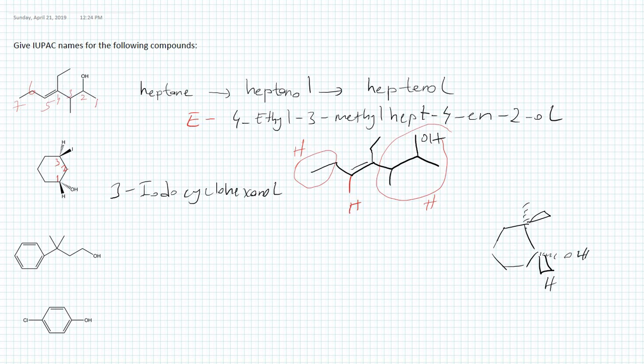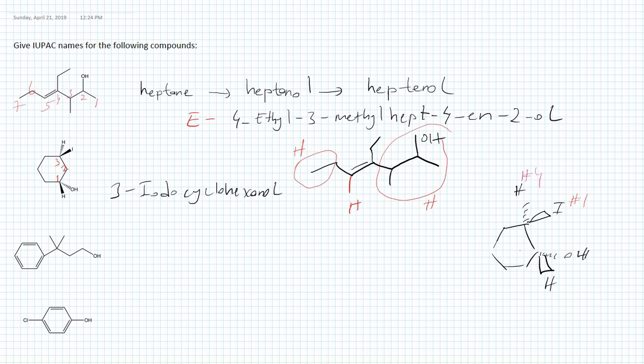Okay, let's start from number 3. We have hydrogen, iodine, and 2 other groups. If we assign priorities according to the Cahn-Ingold-Prelog rules, iodine has to be number 1 because it has the highest atomic number. Hydrogen has to be number 4.